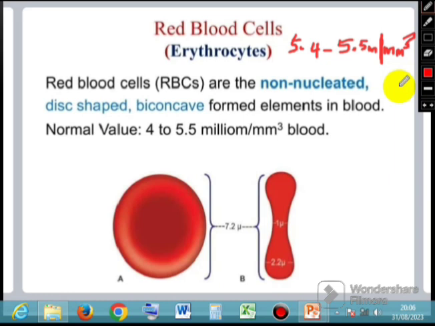Total number of red blood cells falls between 5.4 to 5.5 million per cubic millimeter of blood, with hemoglobin concentration of 14 to 16 grams per 100 ml of blood.